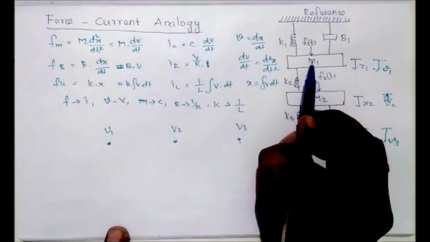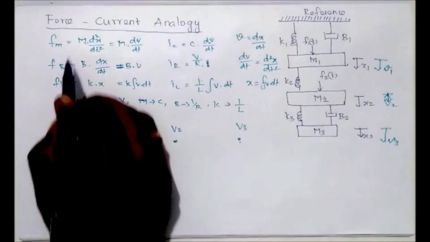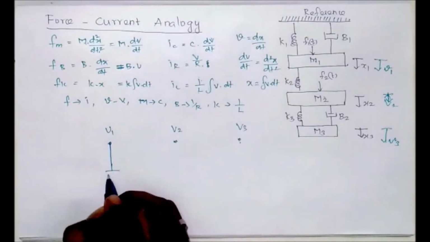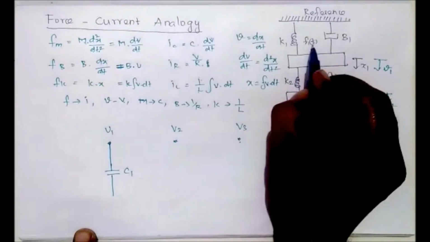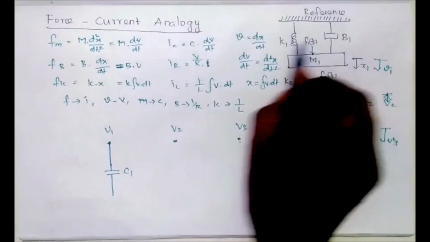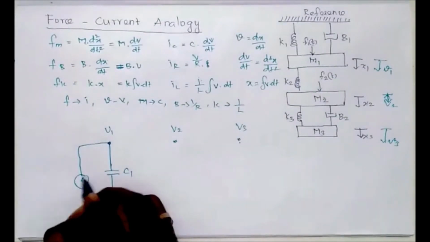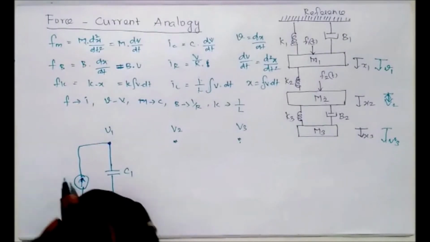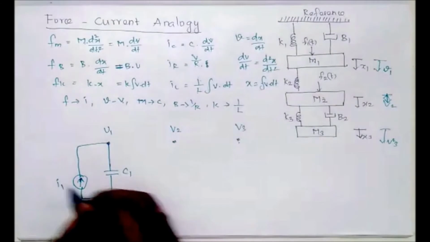So first we have to take this one. We have to write the mass element. Equivalent for mass is capacitor. Therefore for this node, capacitor, its value is C1. Next here there is an applied force, its equivalent is current. Therefore here we use current I1, because here F1, therefore I1.